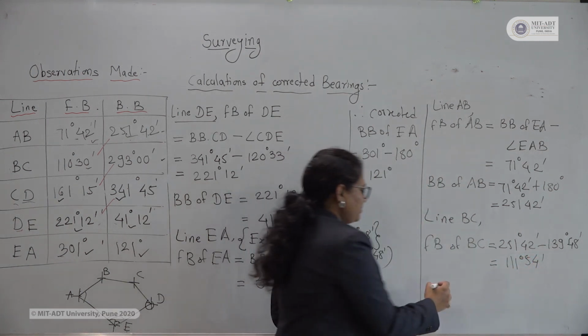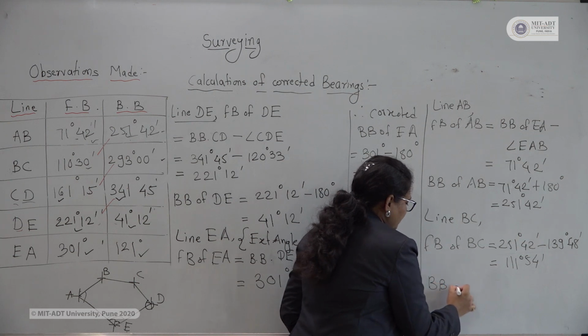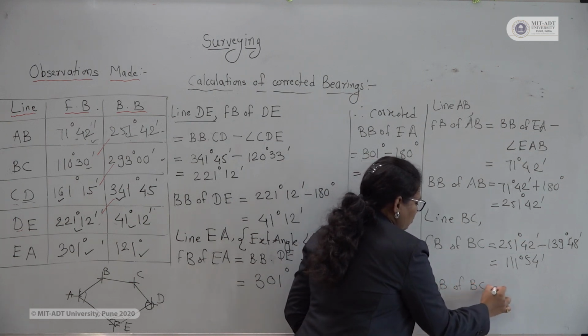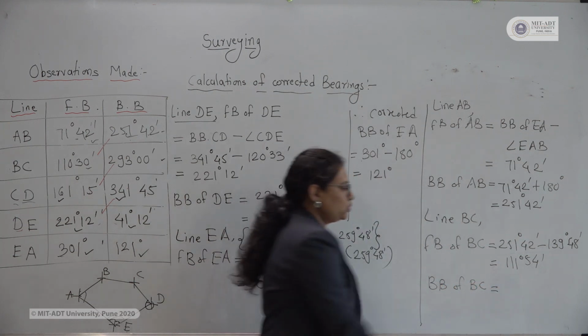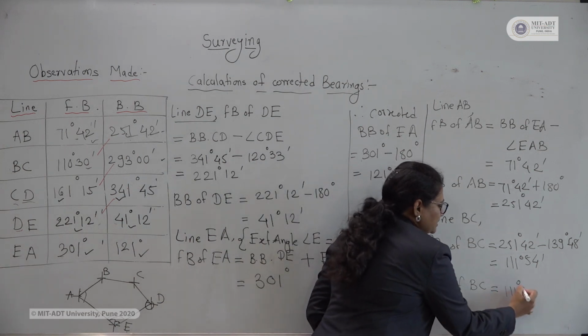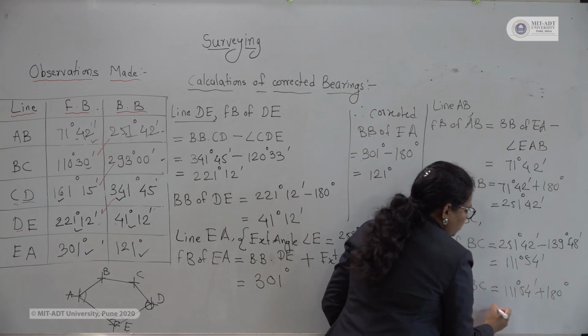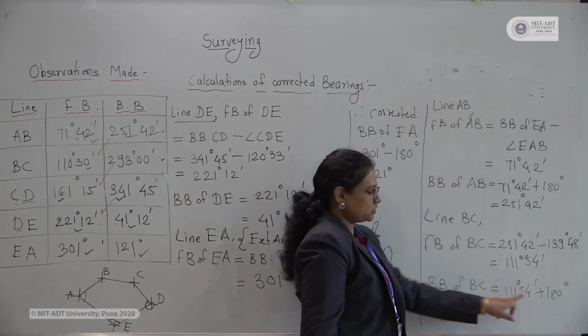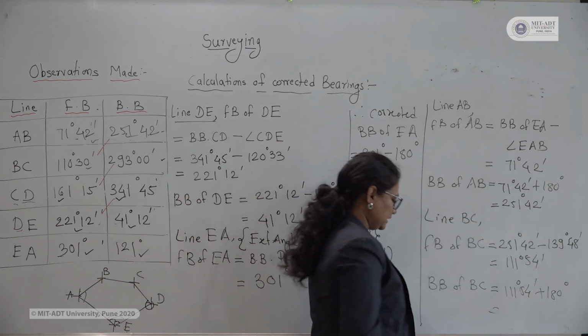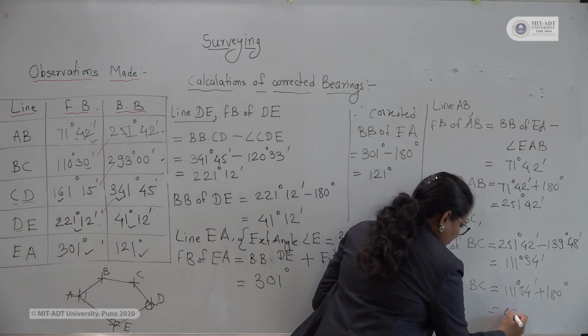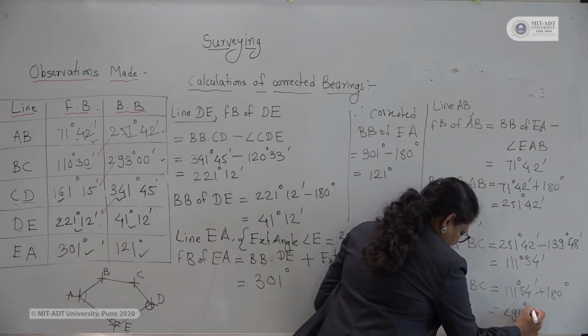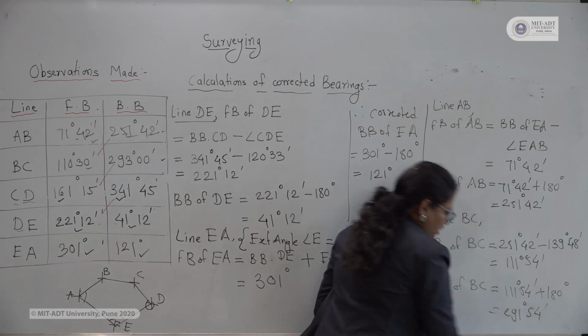Similarly, the back bearing of BC will be equal to 111 degree 54 minutes plus 180 degree. The plus sign is used because this value is less than 180 degree. So, your corrected bearing will be 291 degree and 54 minutes.